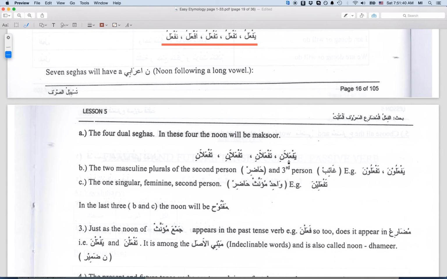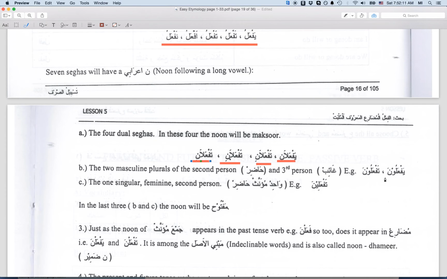So يفعلان is تثنية مذكر غائب. تفعلان is for تثنية مؤنث غائب. تفعلان for تثنية مذكر حاضر. And this تفعلان is for تثنية مؤنث حاضر, present.